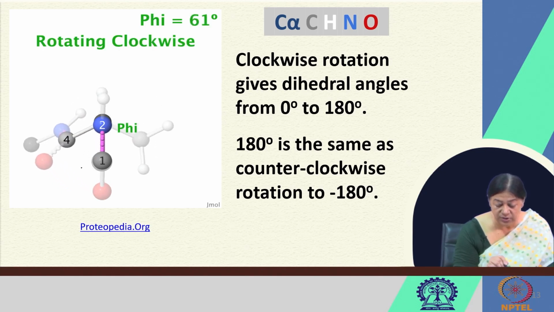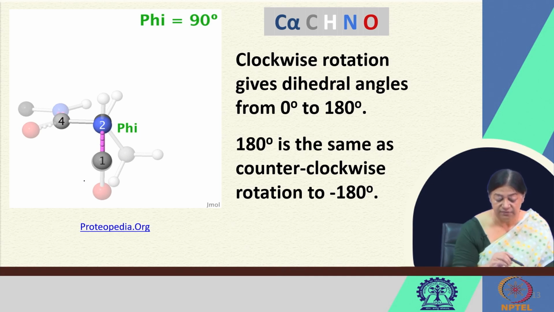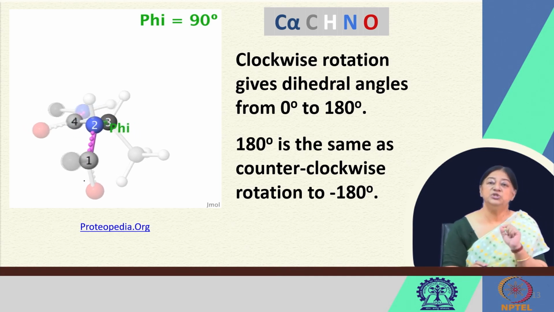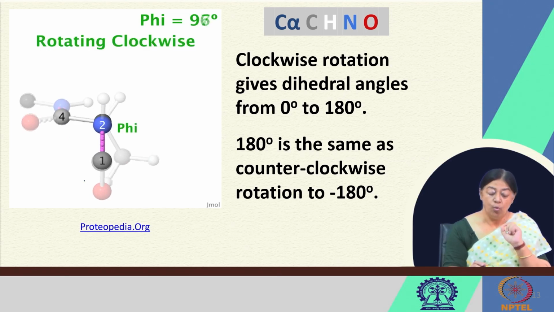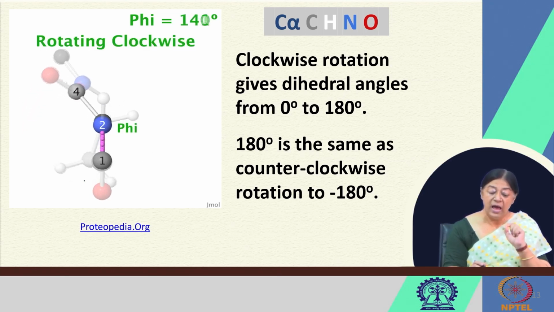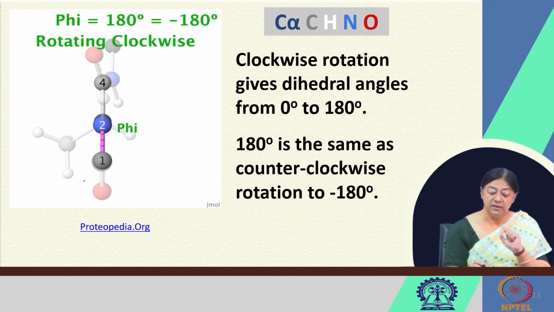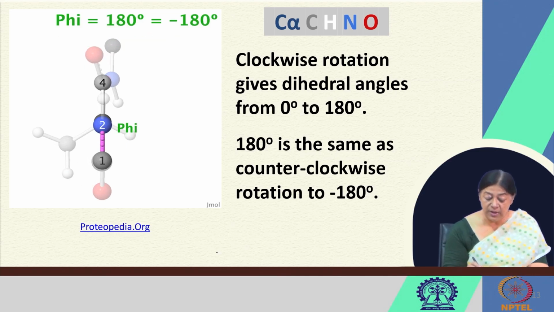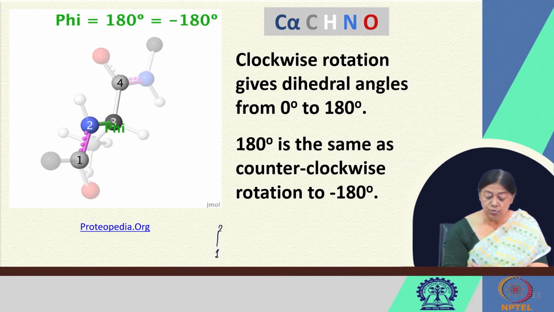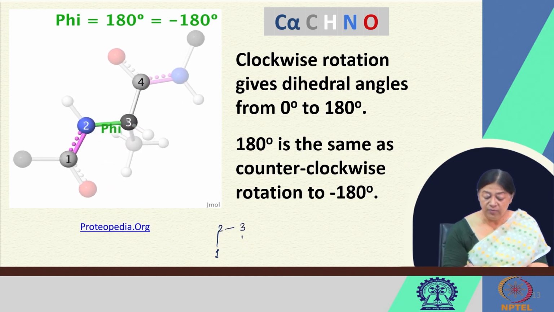Now when we rotate this, we can see that we can have a 90-degree phi angle. So the first thing that we saw is that there were 4 atoms, 1, 2, 3, 4, and we are rotating, going 1, 2, 3, 4.